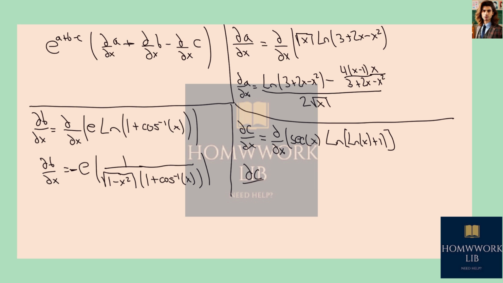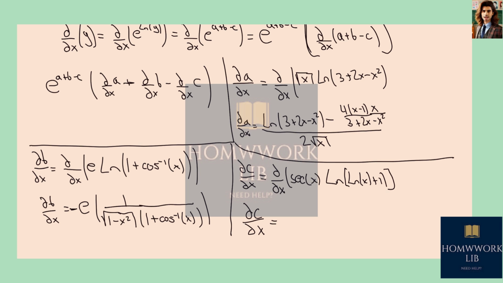This derivative is going to give us secant of x multiplied by a variable factor, which corresponds to 1 over x plus x logarithm of x plus logarithm of x plus 1, times the tangent of x.